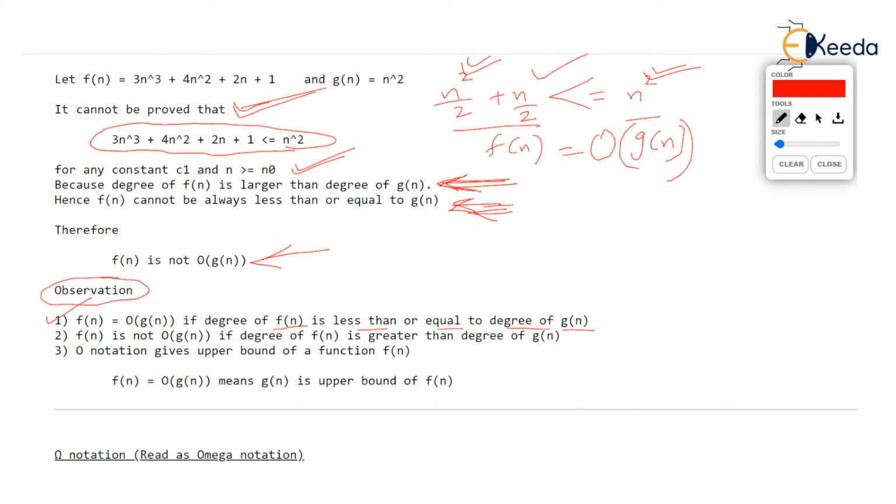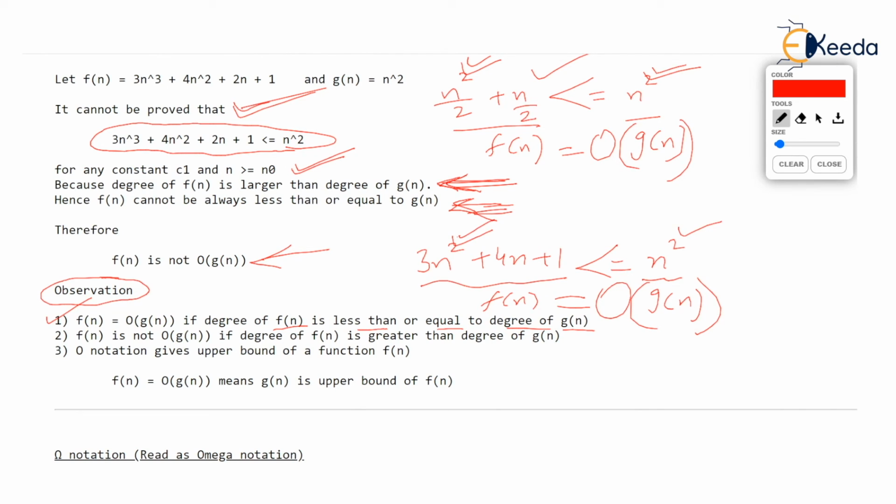In the second example, we had 3n square plus 4n plus 1. This was Fn and Gn was n square. Did we prove that Fn is O of Gn? Yes, we had proved it because the degree of both the polynomials was equal. Now just check this. Suppose we have something like n plus 1.